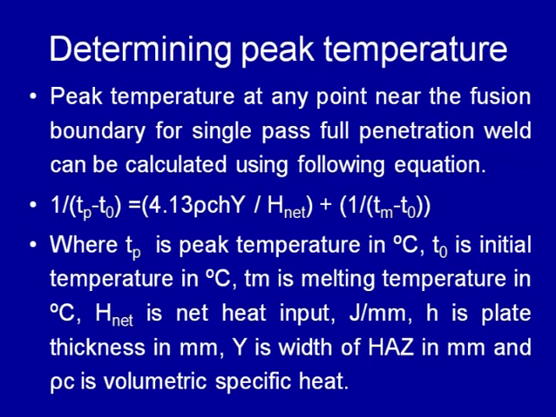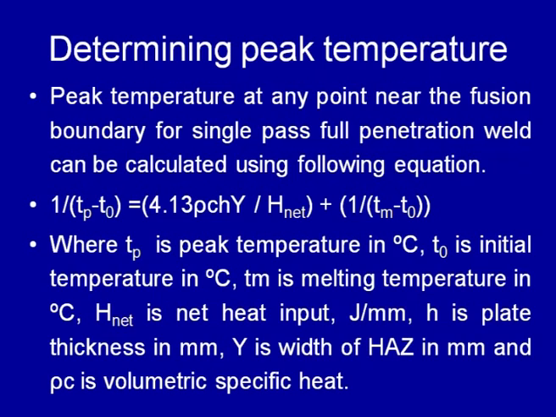This is the net heat input, which is calculated from V i by S, that is the welding current multiplied by the voltage divided by the welding speed, plus 1 by (Tm minus T naught), where Tm is the melting point of the base material and T naught is the initial plate temperature.